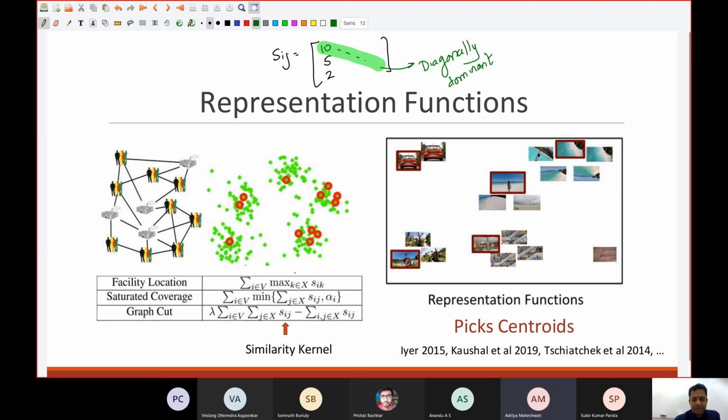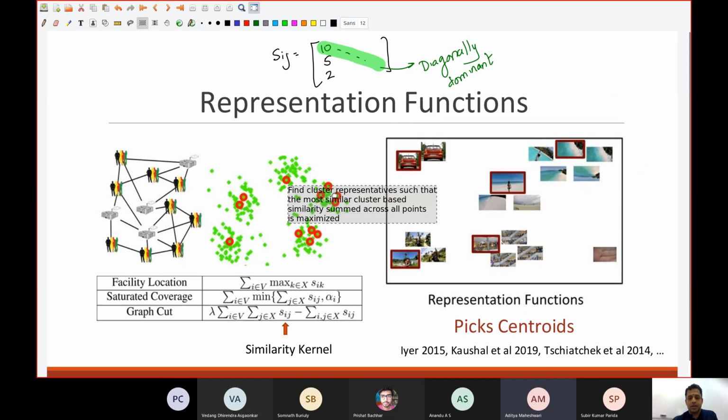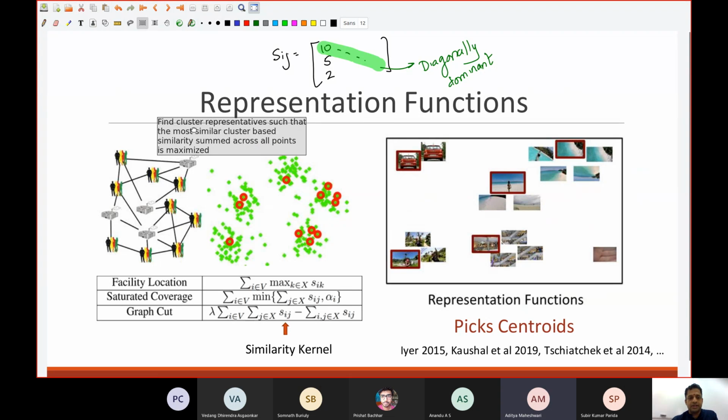So based on this S, what do you do in representation functions? Let's look at facility location. In fact, I'll prove that facility location is submodular. What is facility location saying? I want to look at, for all points i, exactly what I wrote. This is exactly what I wrote for facility location, and it is represented here.